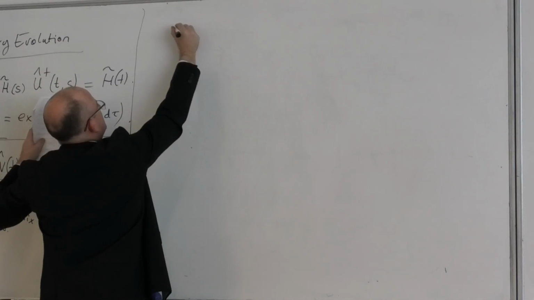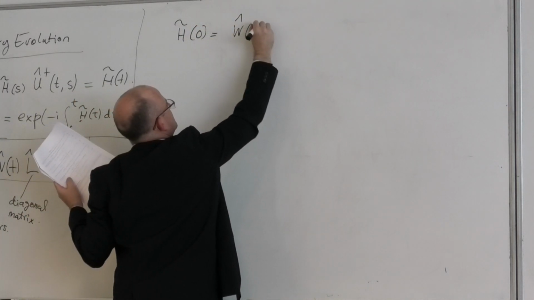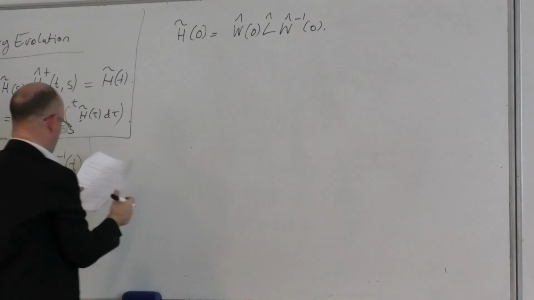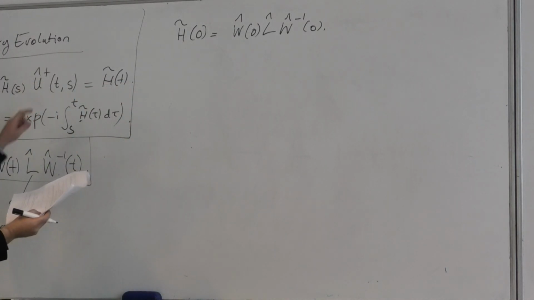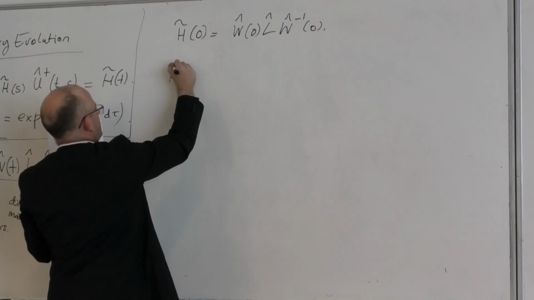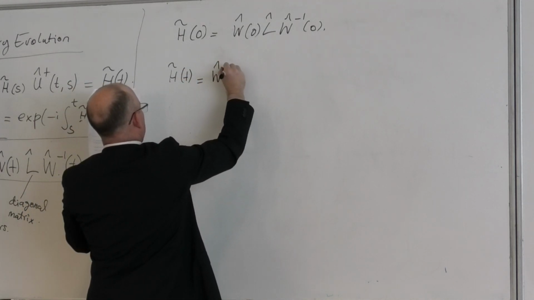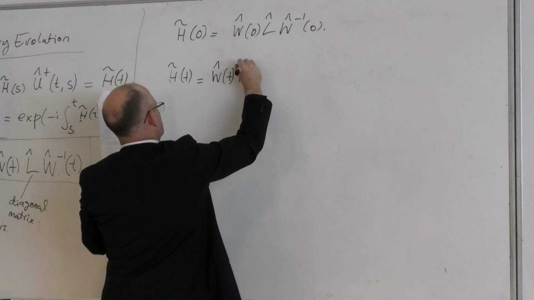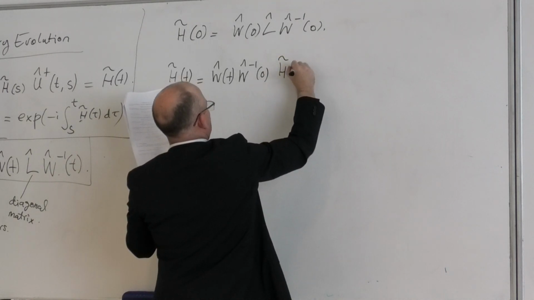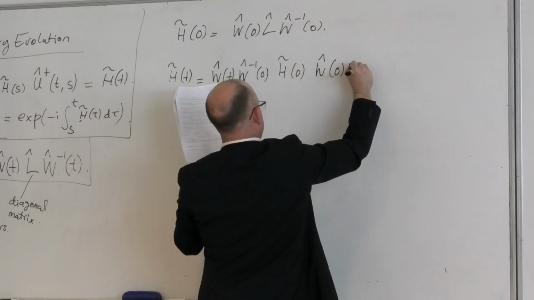If we consider h of naught, in that case we just have W naught L W inverse of naught. I'll just use this formula here. And what we can do is write h of t is equal to W t W inverse of naught h of naught W naught.